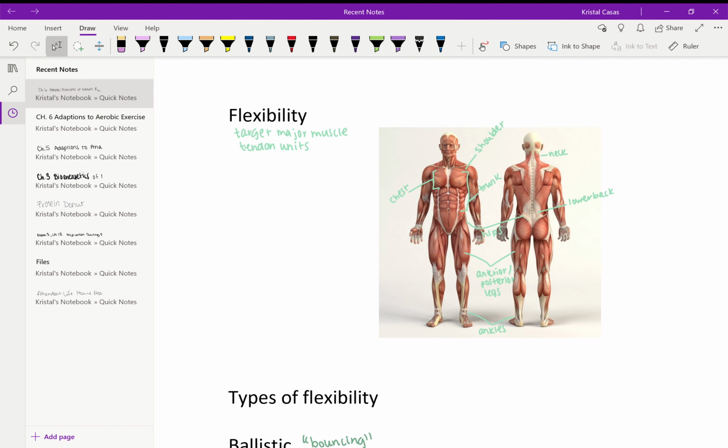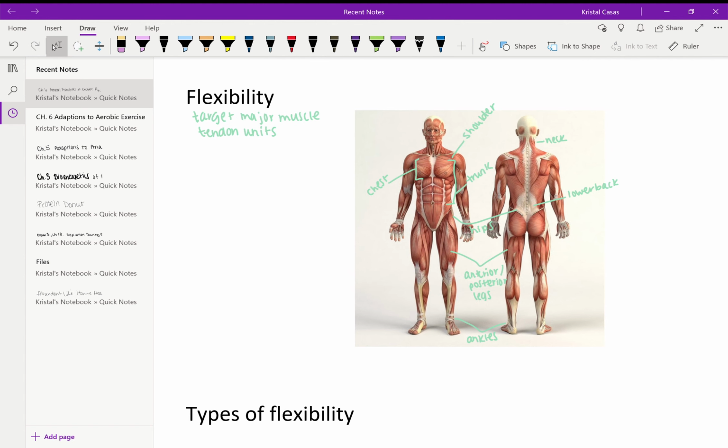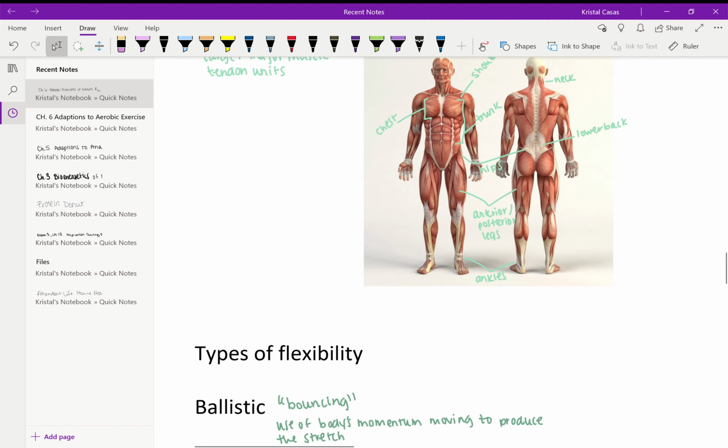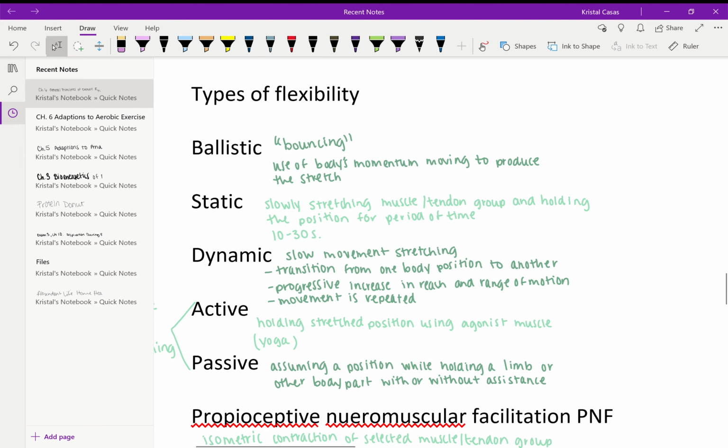Flexibility is very important. It targets major muscle tendon units, so you have your chest, shoulder, trunk, hips, lower back, neck, anterior and posterior of the legs, and ankles as well. There are very different types of flexibility. There's ballistic, which is the bouncing. Just remember B for bouncing, ballistic.